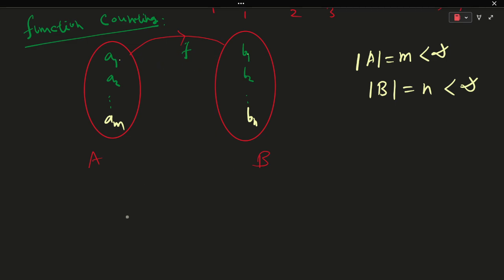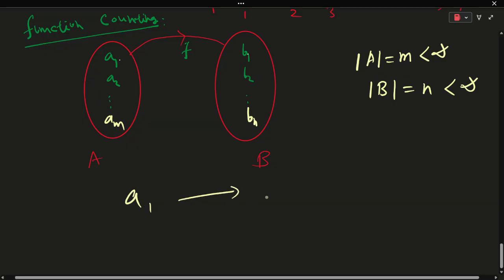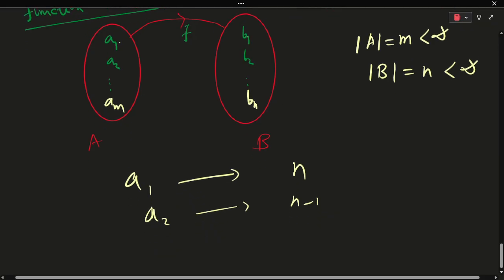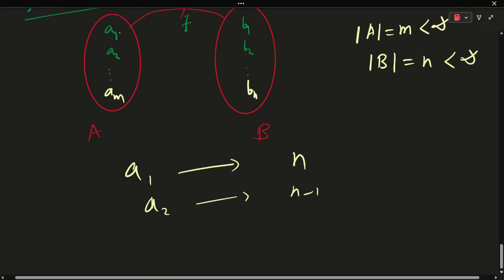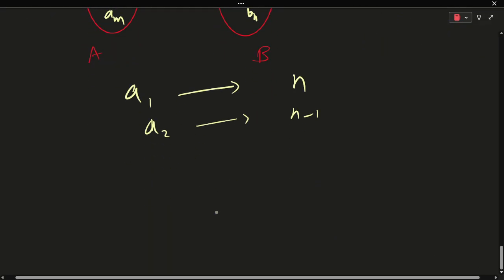So for a1, the choice is n, and for a2 the choice is n minus 1, right? These choices are separate, not dependent on each other.